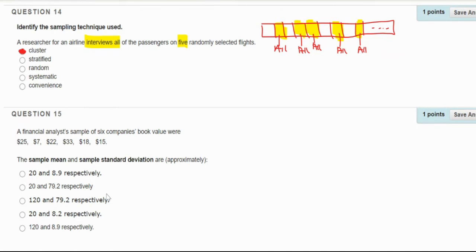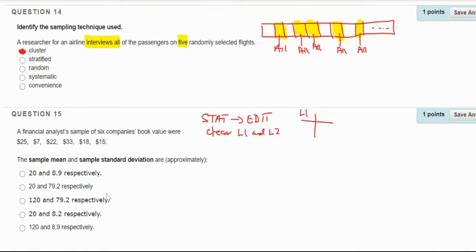Now on this side, question 15 is an example of a problem that you shouldn't really waste your time on. Use your calculator. Take your calculator, go to start, then go to edit. Take your cursor to L1 and then clear. First clear L1 and, if you can, L2 too.